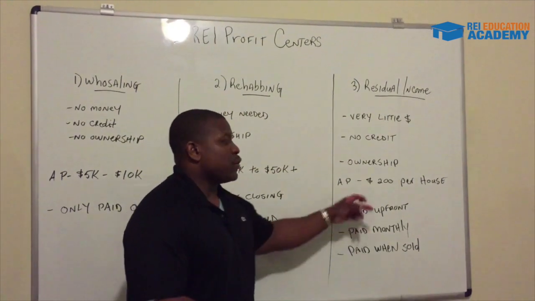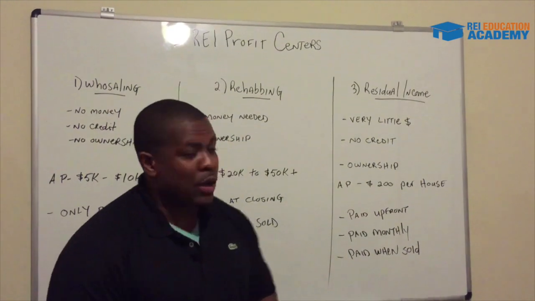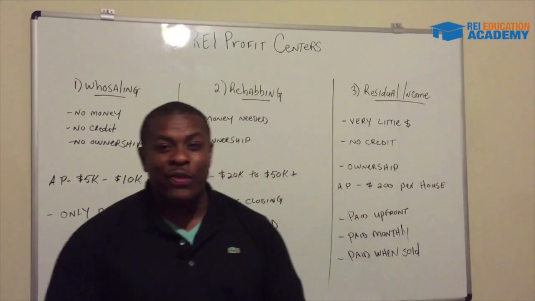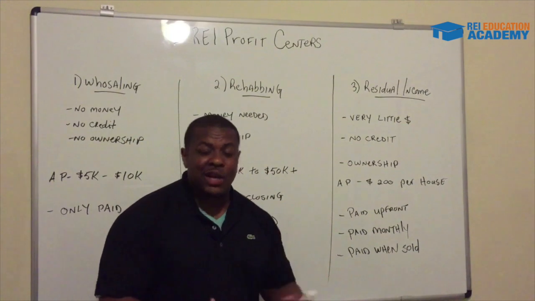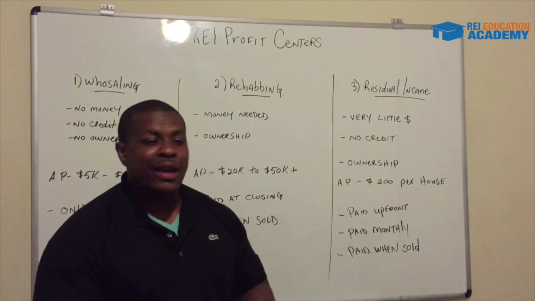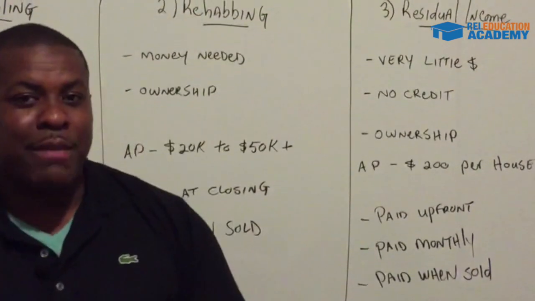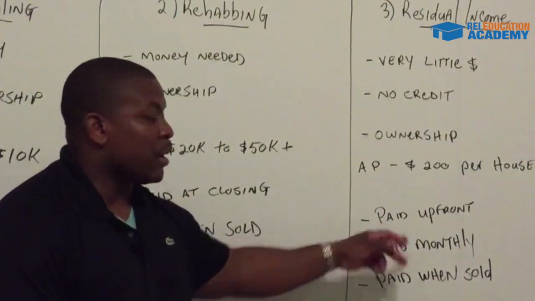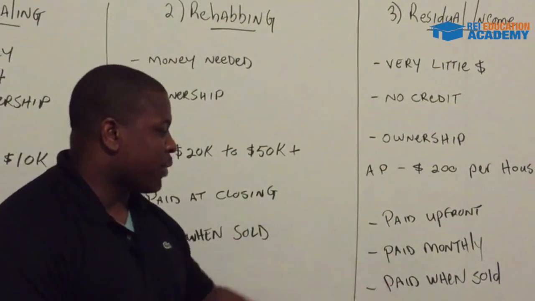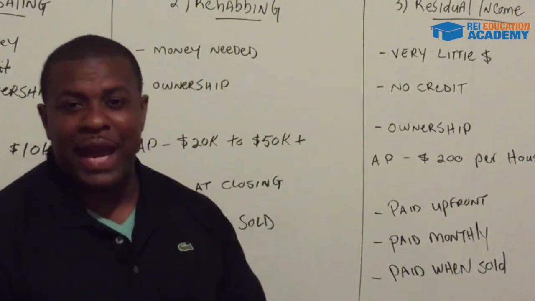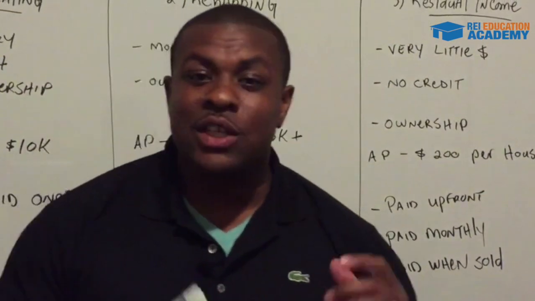If you collected 20 of those houses, you're looking at an extra $4,000 a month just collecting rent and doing nothing else. And the beautiful part about the residual income method is you can get paid up front, you can get paid monthly, and you can get paid when the house has sold.